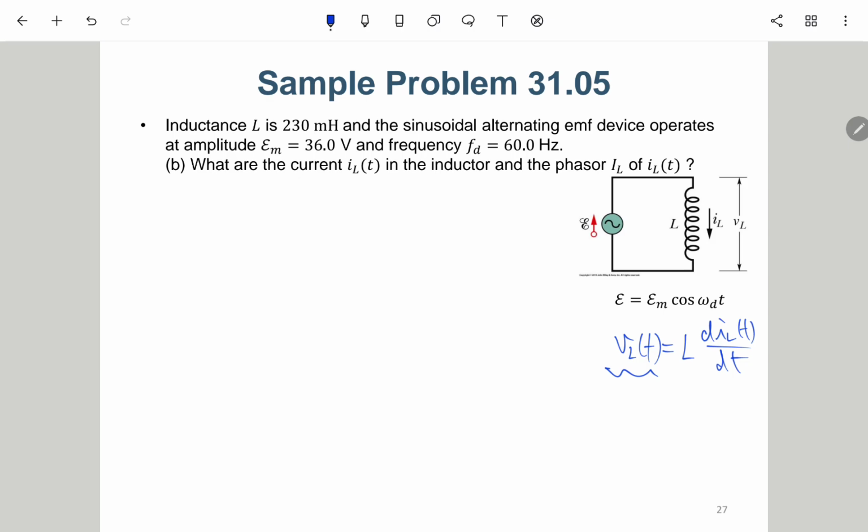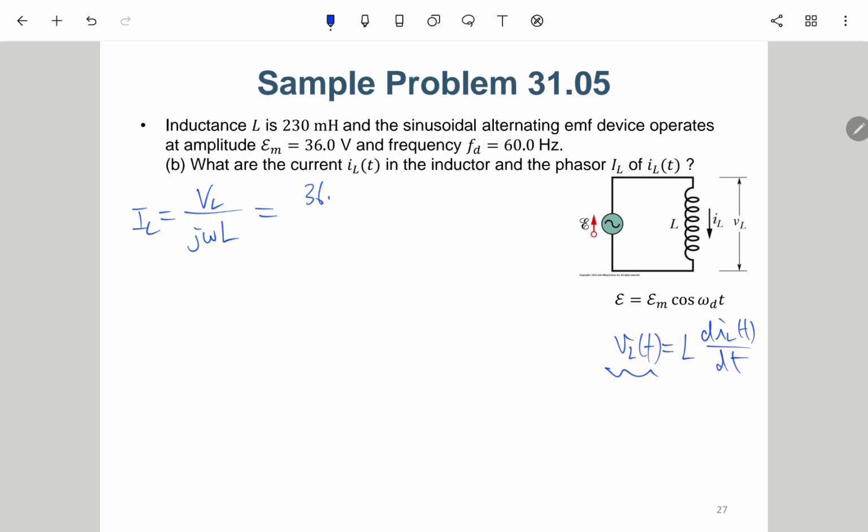So here we also try to use the phasor. The phasor is IL equals VL over the impedance of the inductor, which is j omega L. So j omega L is ZL, so V equals IZ, like V equals IR.